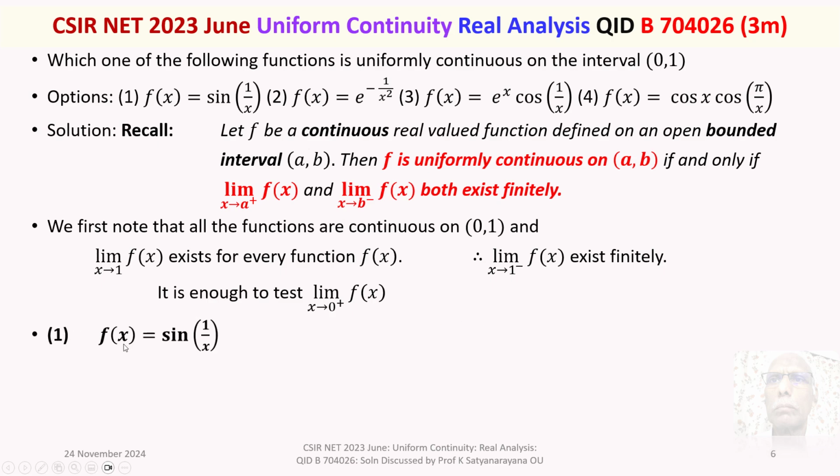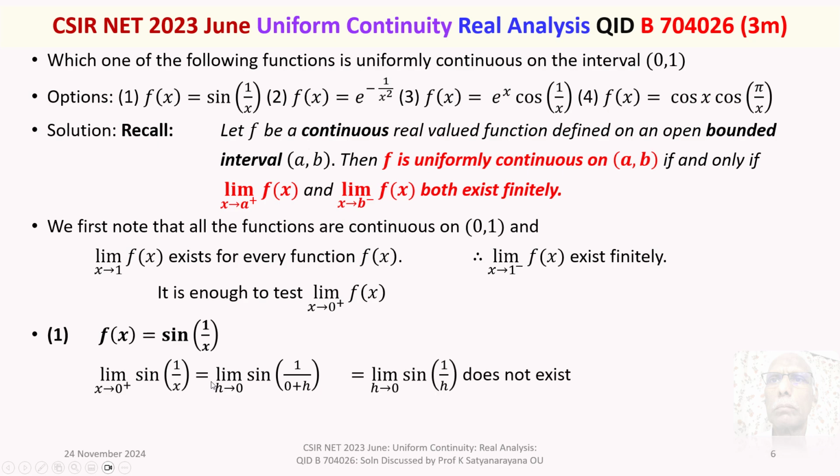Option 1, f(x) = sin(1/x). It is well known that the limit as x tends to 0 plus of sin(1/x) does not exist. Anyway, I will show you. The limit as x tends to 0 plus of sin(1/x) is the limit as h tends to 0 of sin(1/(0+h)).